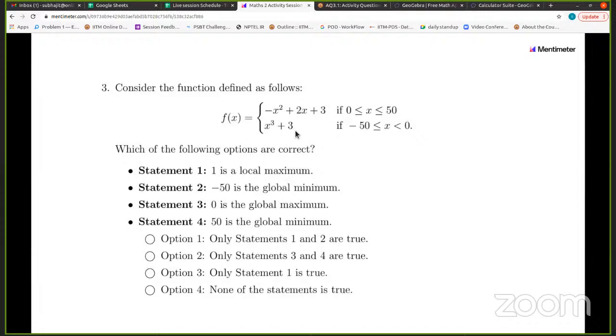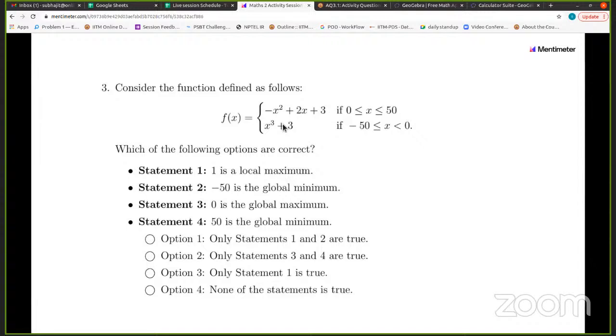Your function is a two-piece function, so we get only one critical point, that is 1, and for that we can check the local maxima or minima. For the global extremum we have to check minus 50 and plus 50, right? Sir, is minus 50 a local minimum?